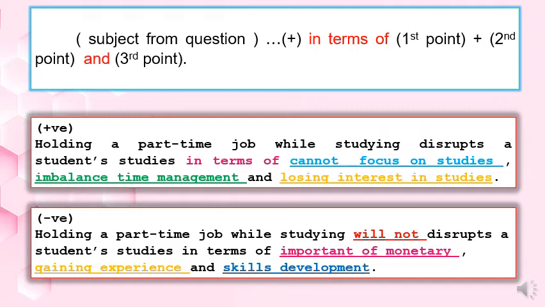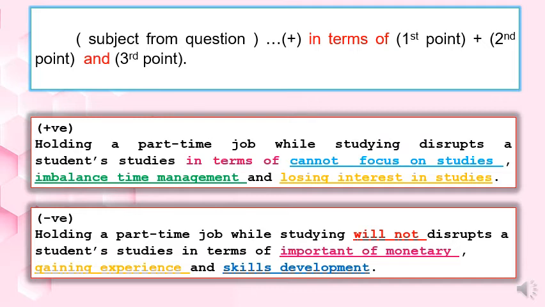So over here in this slide, I have provided to you two examples. The first will be the positive part, meaning to say if you agree with the statement. So here is how it will look like.